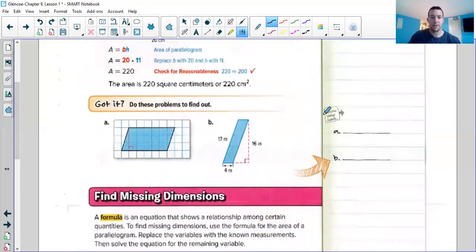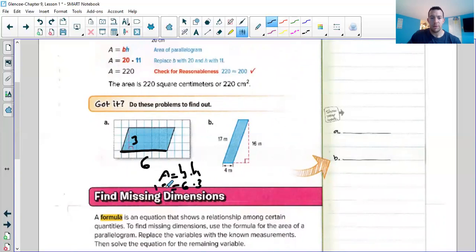If we're looking at these examples here, my base, 1, 2, 3, 4, 5, 6. My height, they already gave that to me with the 90-degree angle. I have 1, 2, 3. So area equals base times height, 6 times 3.